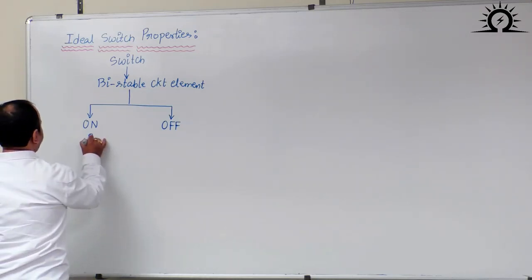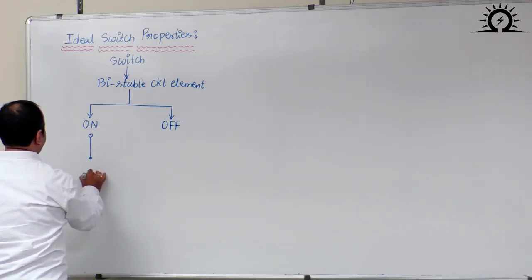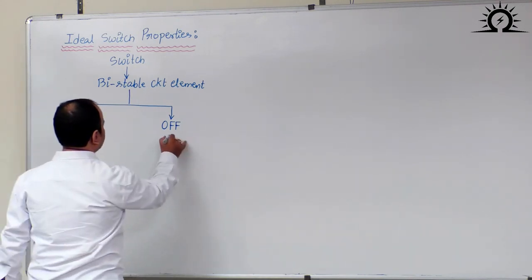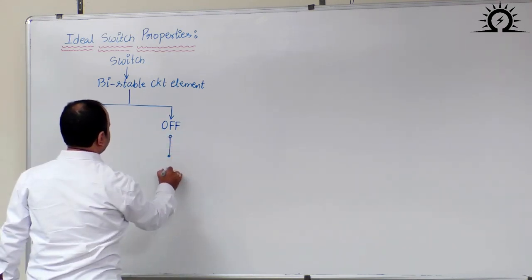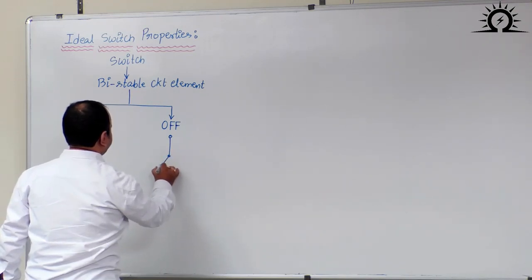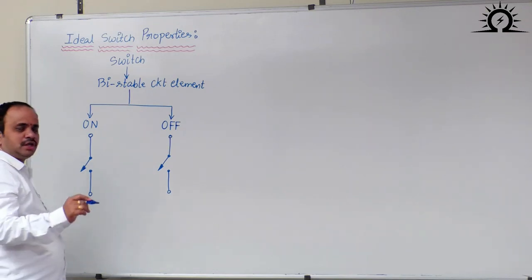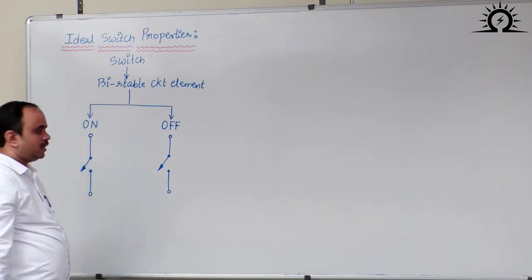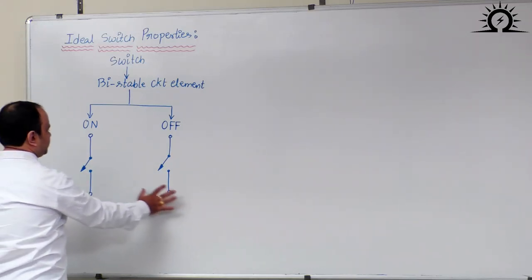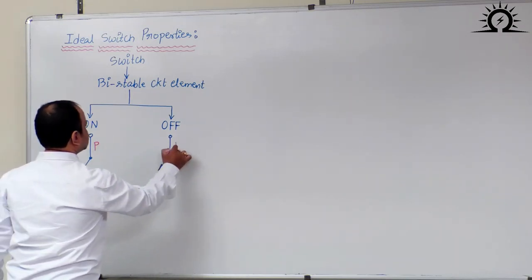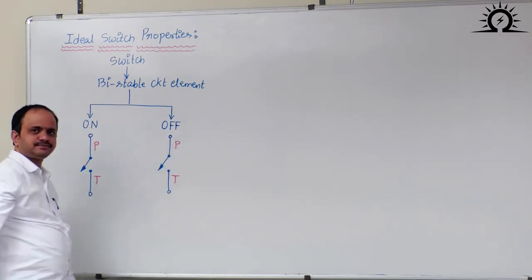So in the on state, the switch can be represented like this. Follow the basic concepts carefully. In the off state, the switch can be represented like this. So draw the switch symbol always in the entire course strictly like this. This is a simple representation of a single pole, single throw switch.